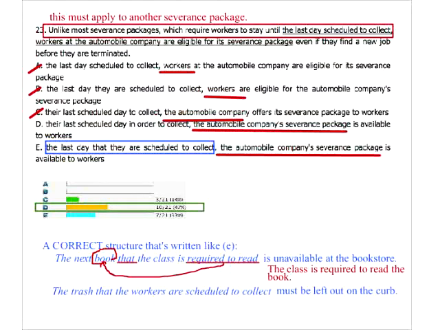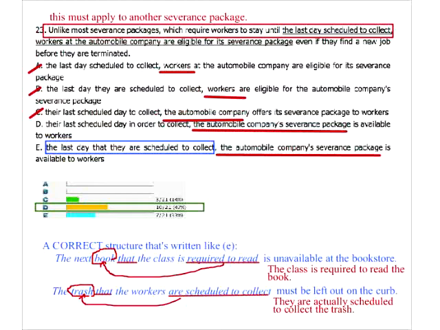Again, this works. The trash that these people are scheduled to collect. They are actually scheduled to collect the trash.